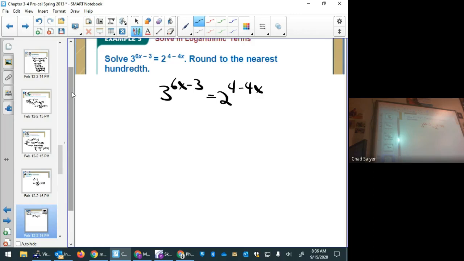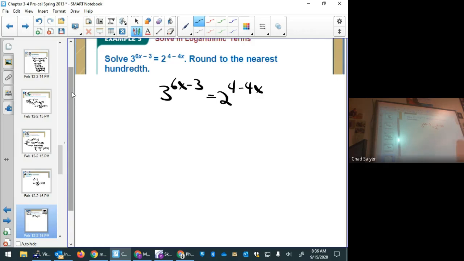You'll see me default quite often to the common log because it's what I did in college. I just got used to it. Most PhD professors will default to the natural log. Not sure why, but it does seem to be conventional. There is no reason to choose one over the other in this case.